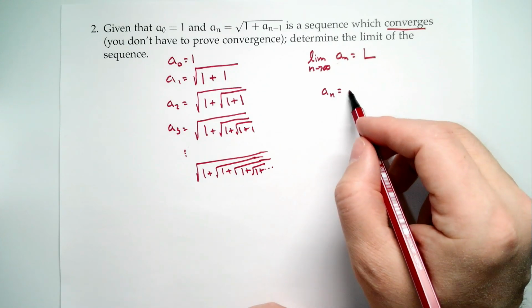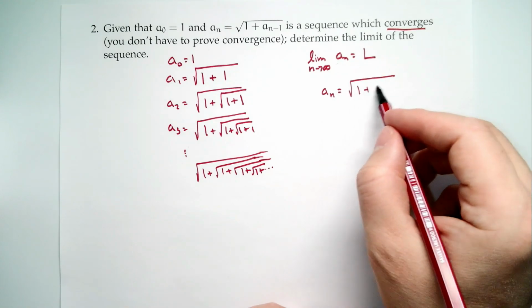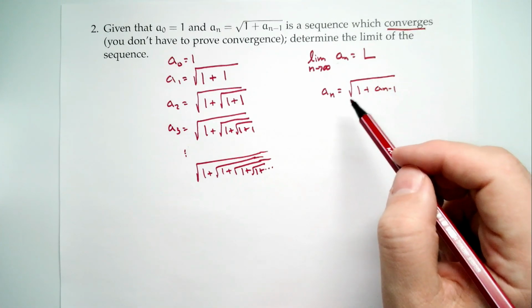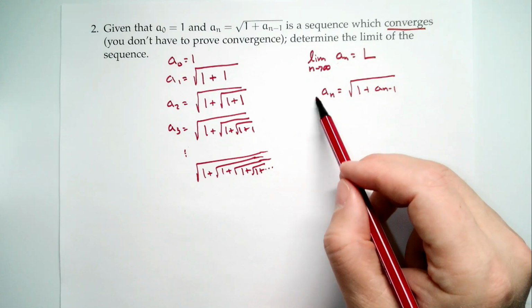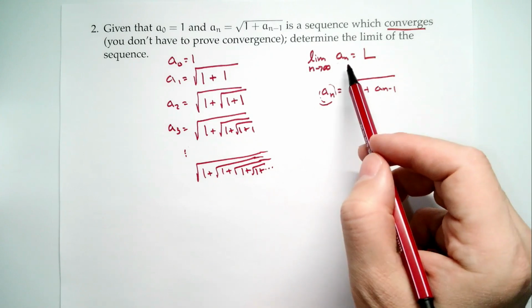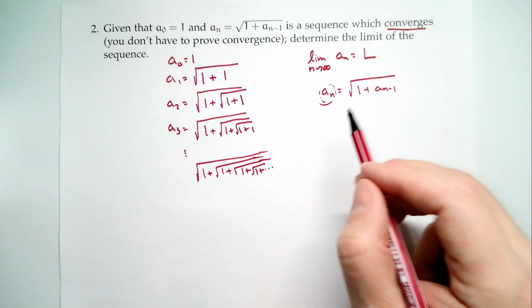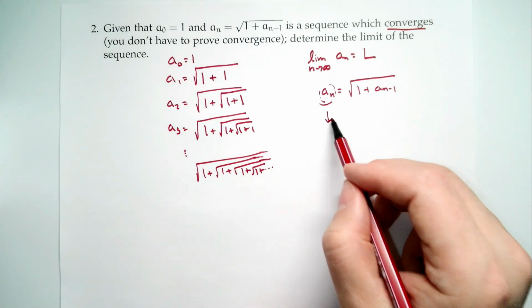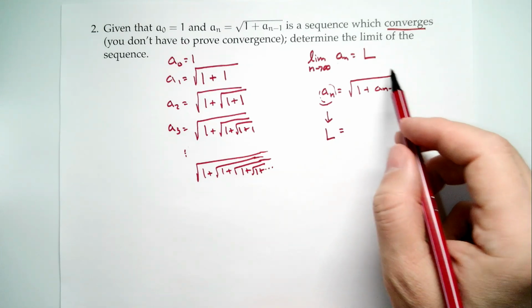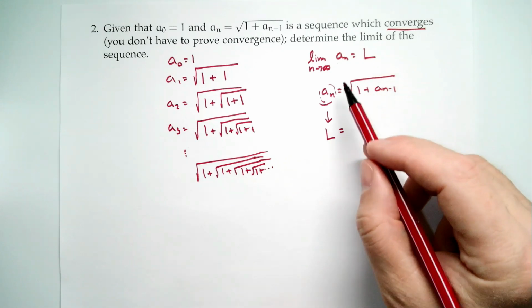So a sub n is the square root of 1 plus a sub n minus 1. Now, let's let n get big. As n gets big, what does a sub n do? Well, we know what happens. As n gets big, a sub n goes to L. So this side goes to L. But that's going to equal what happens over here when n gets big.